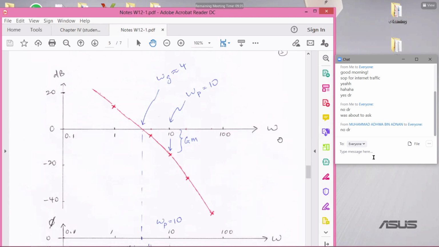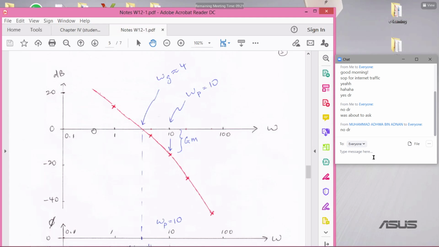Again, the value of frequency at the vertical axis is not 0. In this case, it is just 0.1. If you go another decade to the left, that's 0.01.